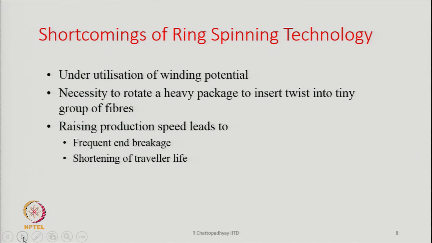The other one is shortening of traveler life. If we go for higher speed, the traveler is made to rotate also at a faster rate, and therefore the traveler life is shortened. If it moves at a faster rate, there will be a lot of abrasion between the traveler and the ring, and the traveler will be pressed against the ring with a higher centrifugal force.